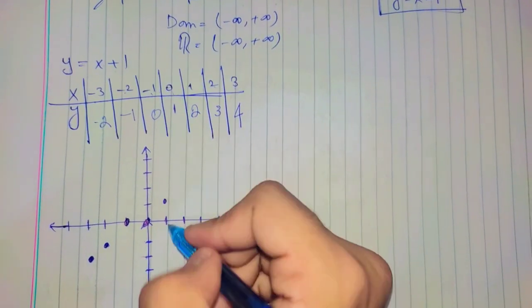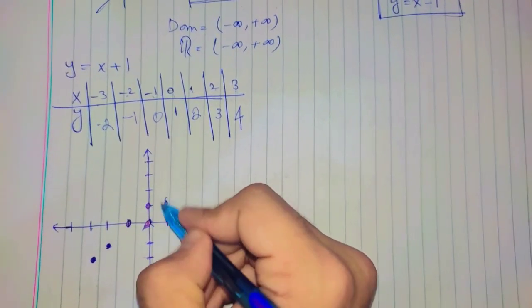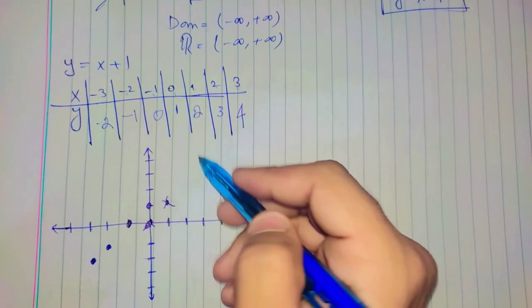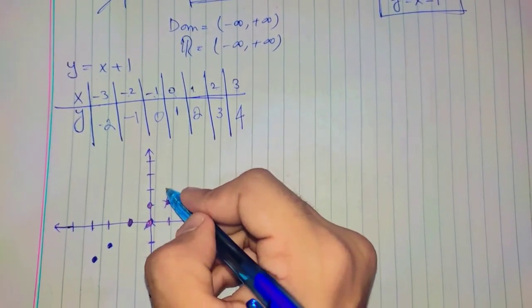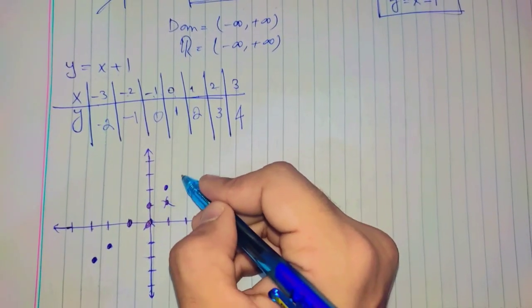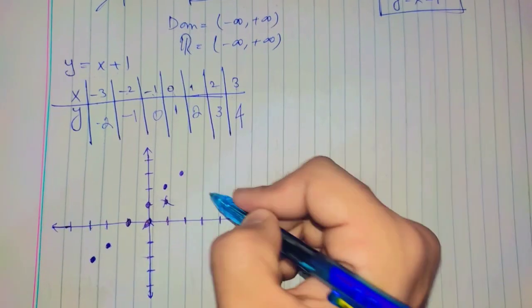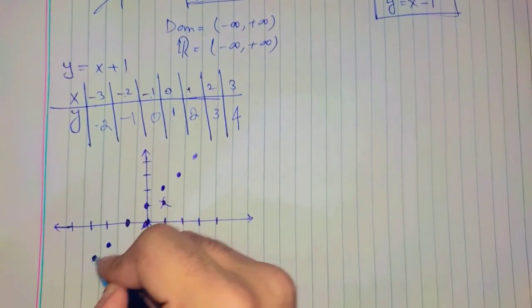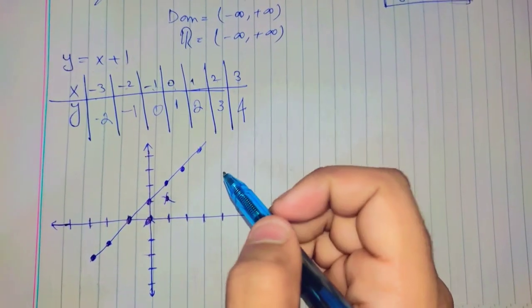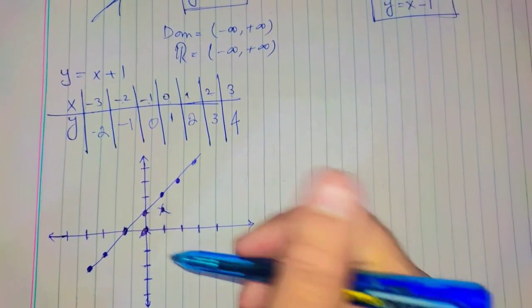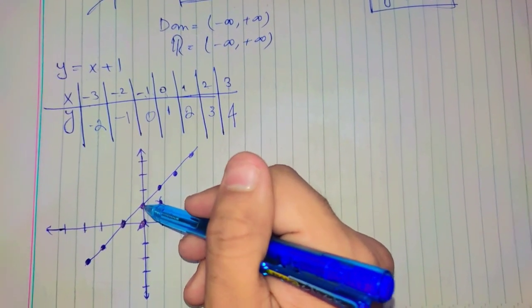Okay, at 0 we have 1, and at 1 we have 2, at 2 we have 3, and at 3 we have 4. So you will get the graph of a straight line. You can see in that graph that our graph is shifted at this point.